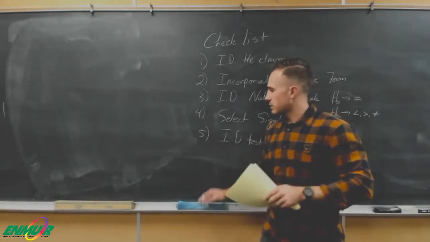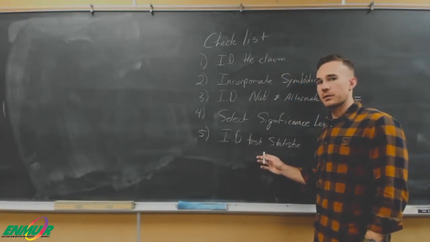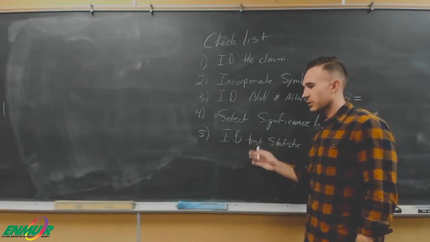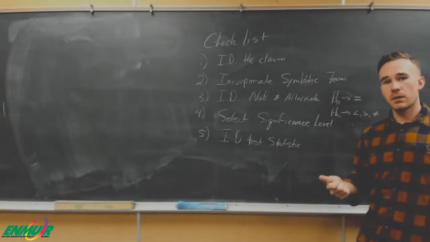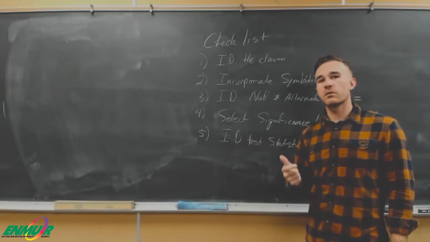In this case, my test statistic is going to be a critical value. I'm going to crunch it, I'm going to find it, but that critical value is then going to bleed into either an area under the curve, or I'm going to do a straight comparison with critical values.